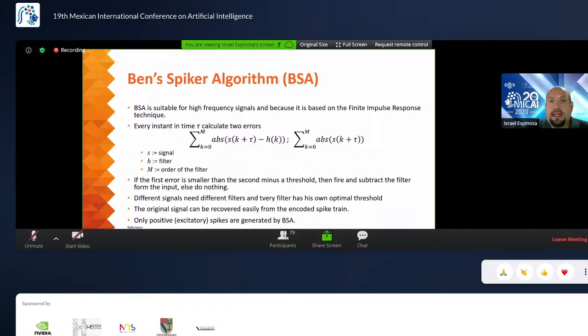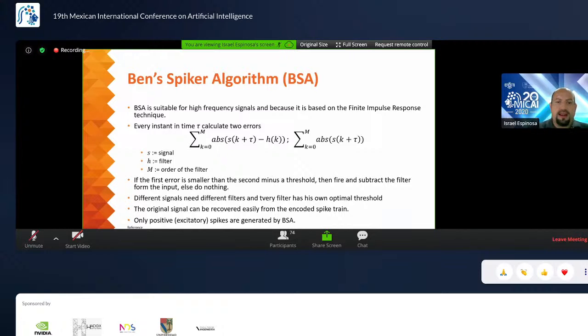So finding the proper filter to encode the signal could be a problem. Another thing we have to do is that, depending on the filter, we also have to define the threshold. So now we have two problems, right? For every signal, we have to find the order of the filter and also the threshold of that filter. That means we have to find the best values of these two variables.